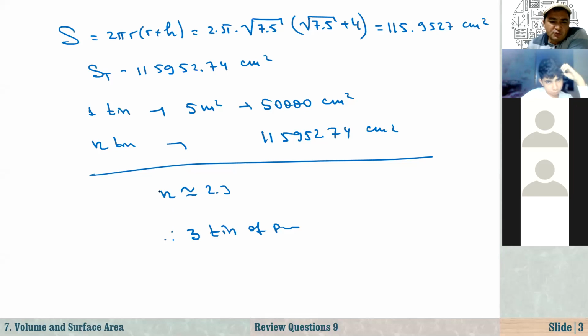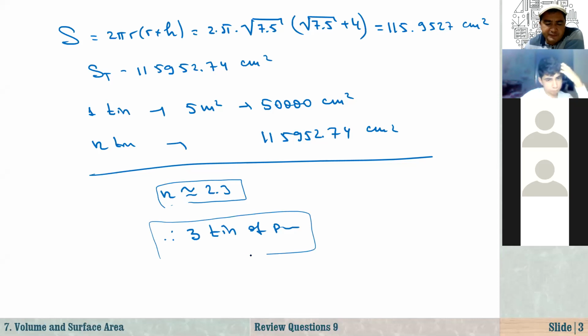Just one question. I just want to draw your attention to one thing here. Sometimes students wonder, actually the answer is 2.3, why are you writing 3 tins? You should just imagine something like this. You are going to the market to buy some tins of paint, and suppose the seller sells everything only in full tins.